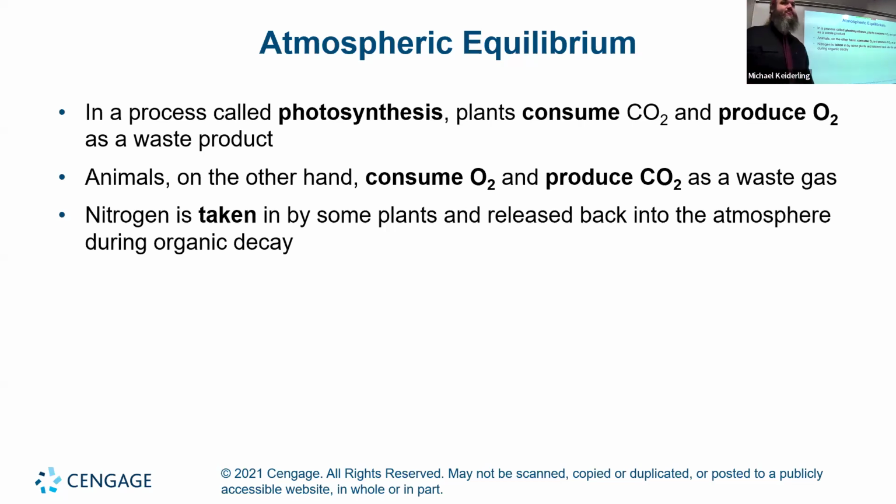The nitrogen cycle is a lot more complicated. There are various single cell life forms involved and things like that. But oxygen and carbon dioxide: plants consume carbon dioxide, release oxygen. Animals consume oxygen, release carbon dioxide.